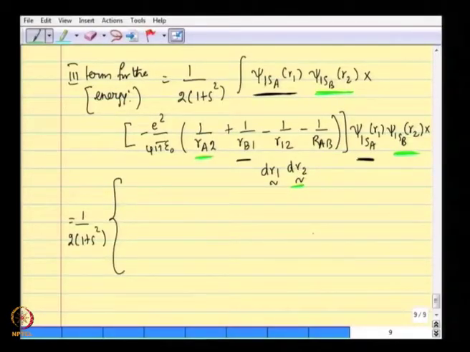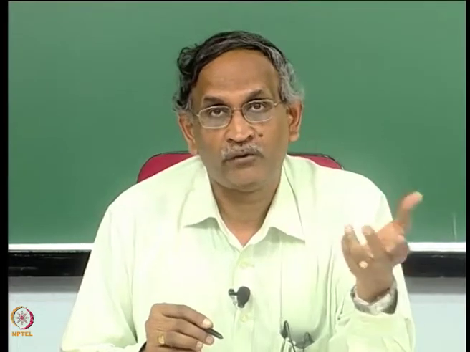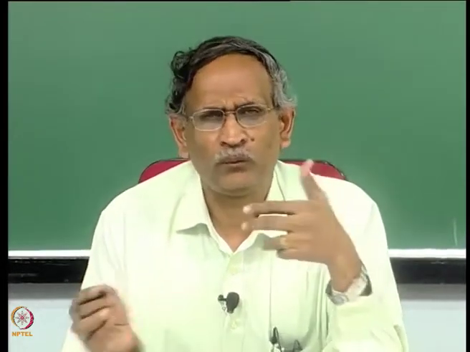that psi 1sa r1, psi 1sa r1 d r1 will be 1, and therefore, this whole thing is the electron 1 density divided by a distance associated with the electron 1 coordinate, and the electron 2 density, psi star psi, divided by the distance associated with electron 2 and nucleus 2 or nucleus 1, that does not matter, it is a charge density by distance.